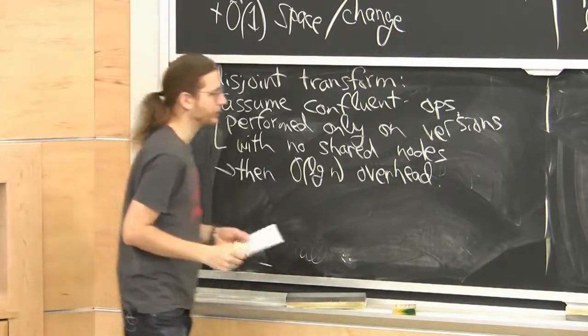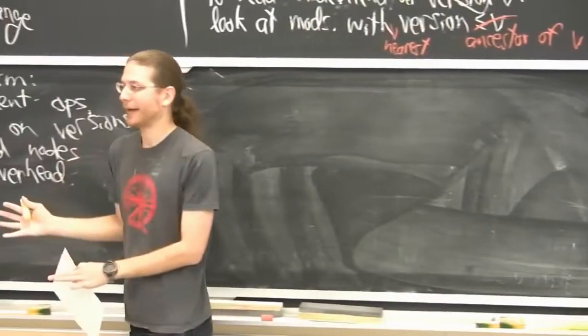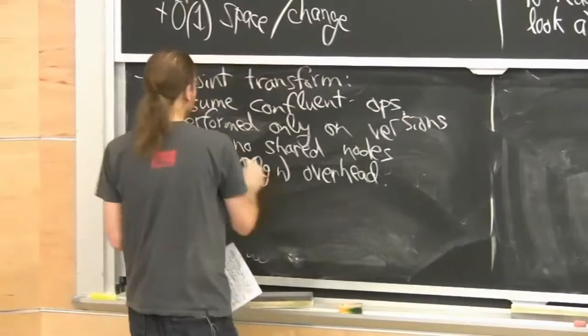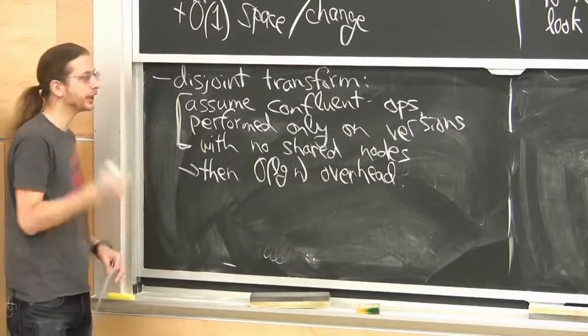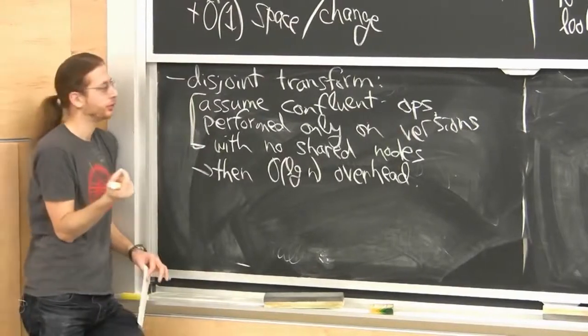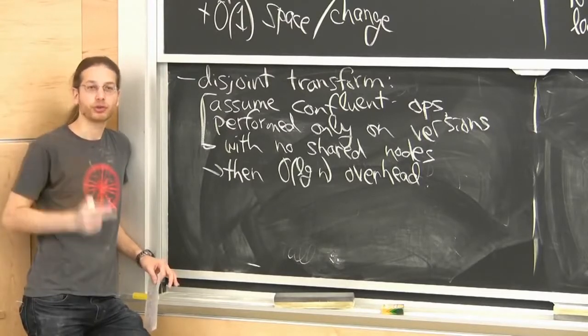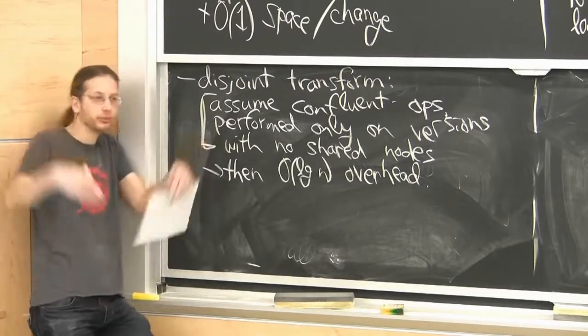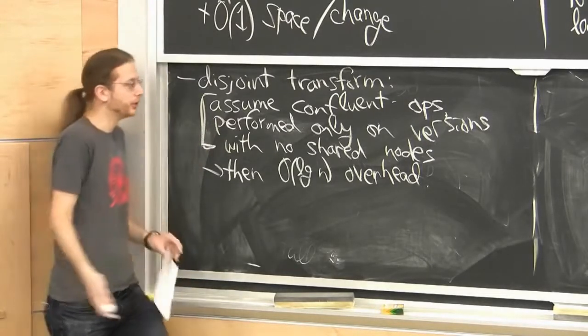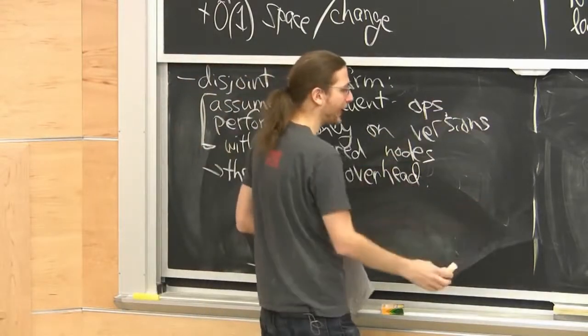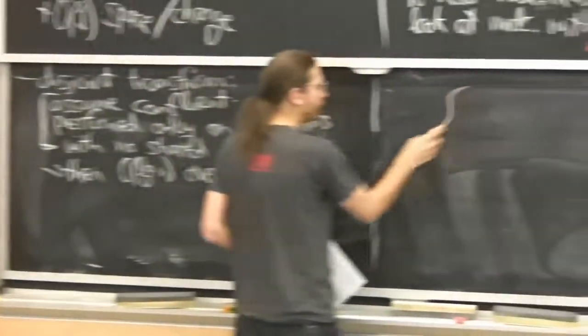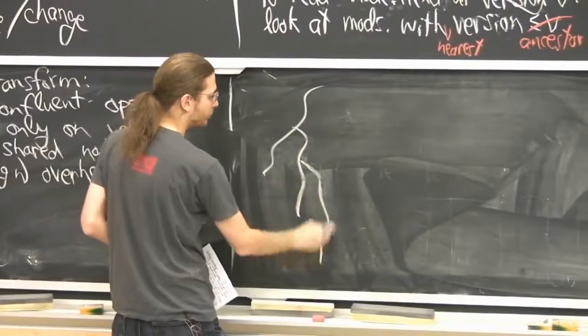All right, let me give you a quick picture. In general, the versions form a DAG. But if you make this assumption and you look at a single node and look at all the versions where that node appears, that is a tree because you're not allowed to remerge versions that have the same node. So while the big picture is a DAG, the small picture of a single guy is some tree.